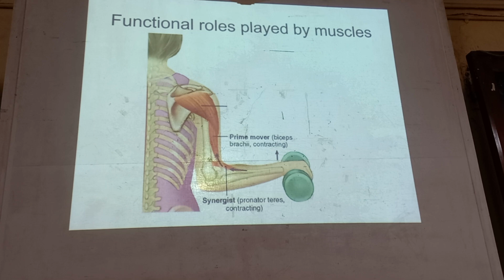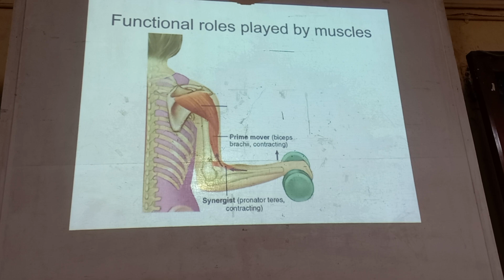Pull the knife towards you. Wrist flexed, grip weakens, knife falls, and you are safe. Okay? What is this role? This is the synergist. What do you say? By extending his wrist, you are synergistically helping him.